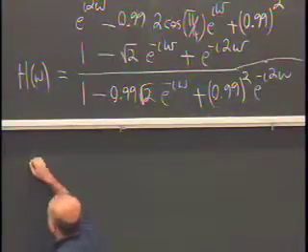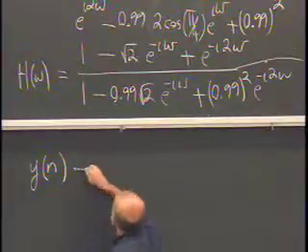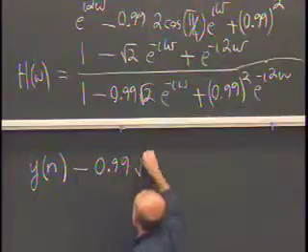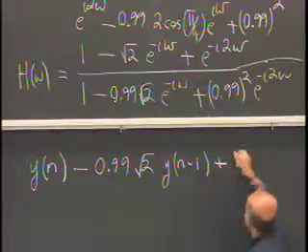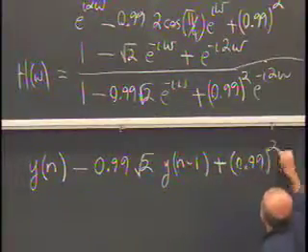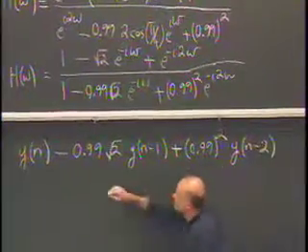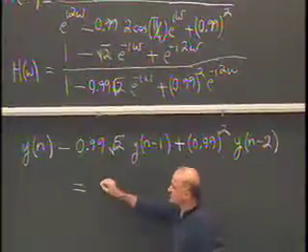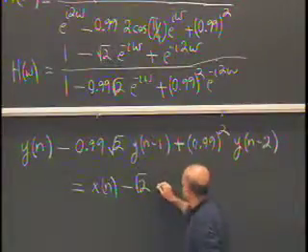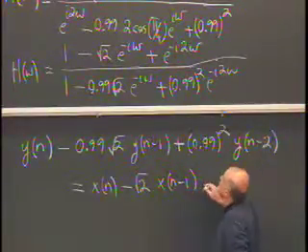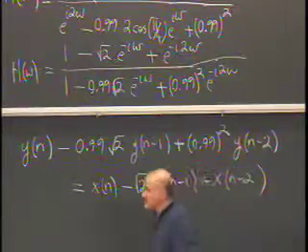So that corresponds to what? y of n, minus 0.99 root 2 y of n minus 1, plus 0.99 squared y of n minus 2 equals, and in the numerator, x of n, minus root 2 x of n minus 1, plus x of n minus 2. And that's the difference equation that governs this.